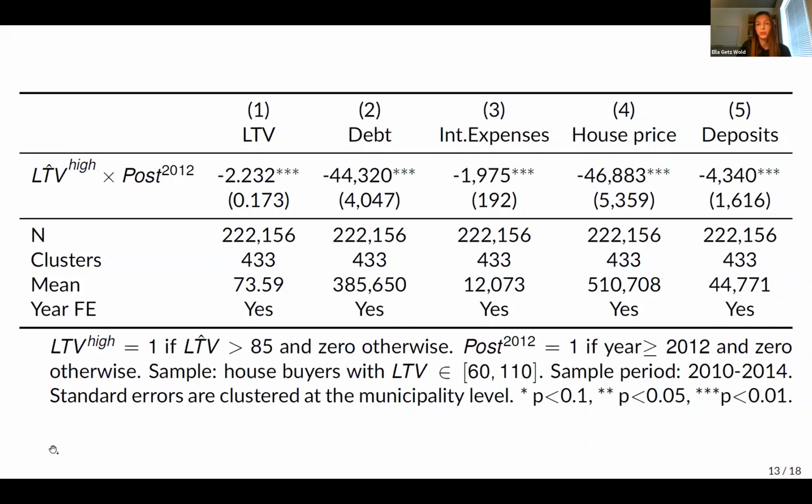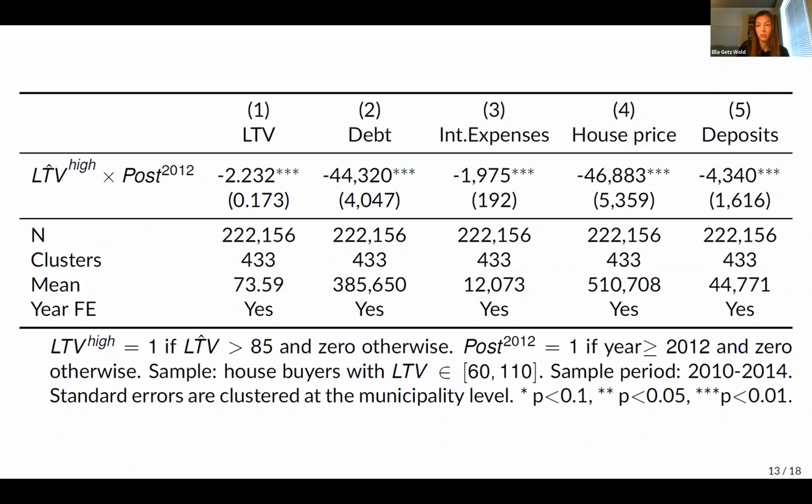So I'm not going to dwell much here on the quantitative takeaways, but we do see that affected households have a reduction in LTV ratios. They take up lower debt when they buy a house. This leads to lower interest expenses. We also see that they purchase slightly cheaper housing, and we see a significant reduction in bank deposits in column 5.